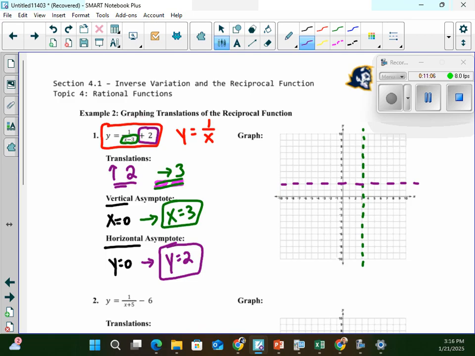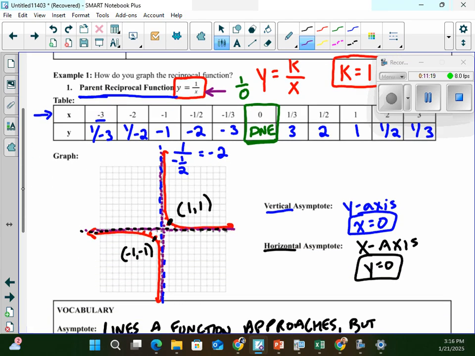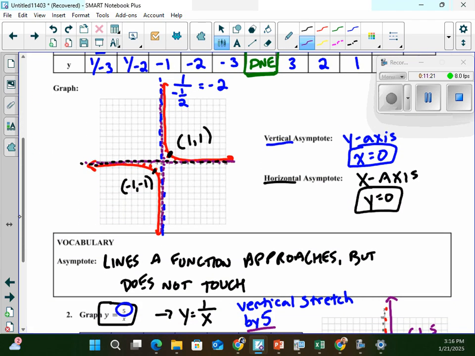Now, looking at again the function we're working with, there is no stretch nor compression, nor is there a reflection. So if I go back to the parent function, it's good to again remember those 2 points. 1, 1, negative 1, negative 1.